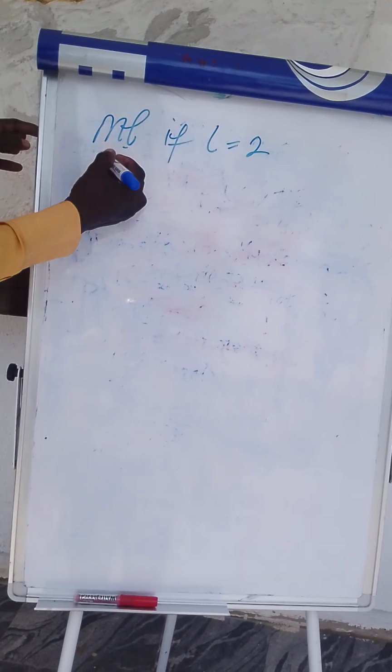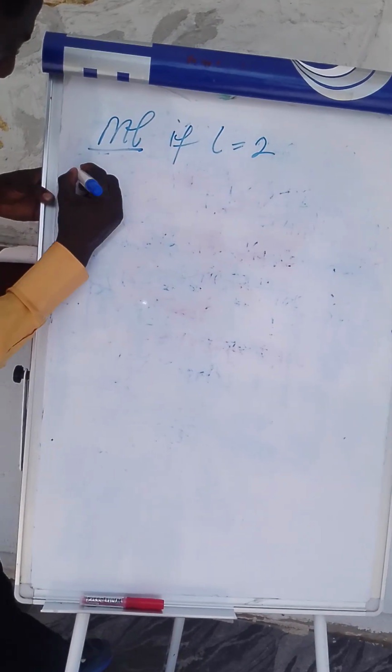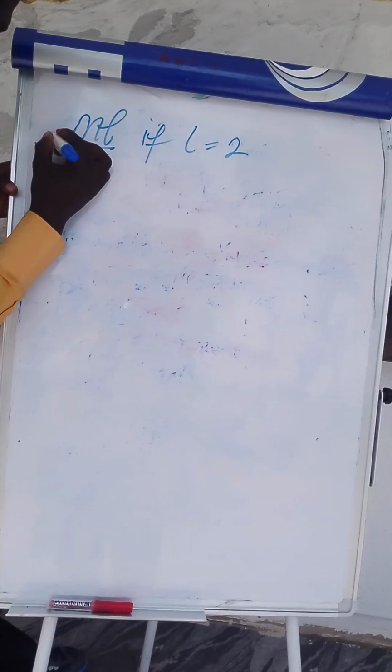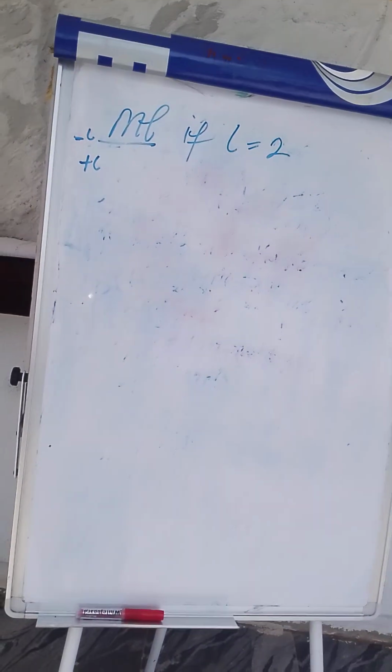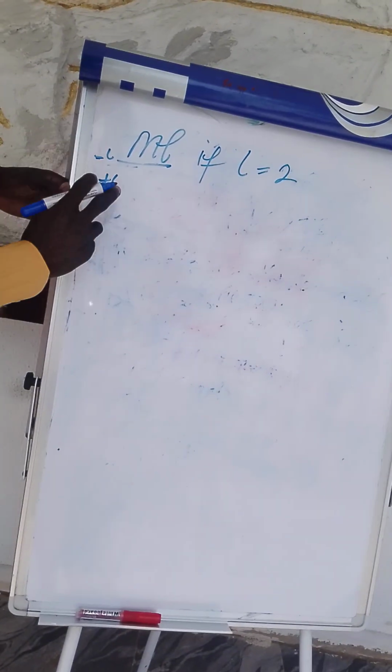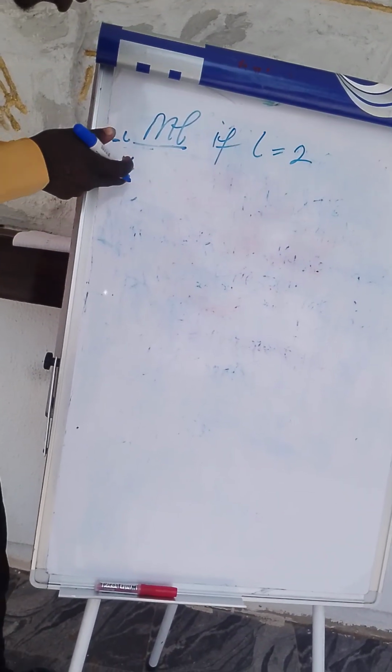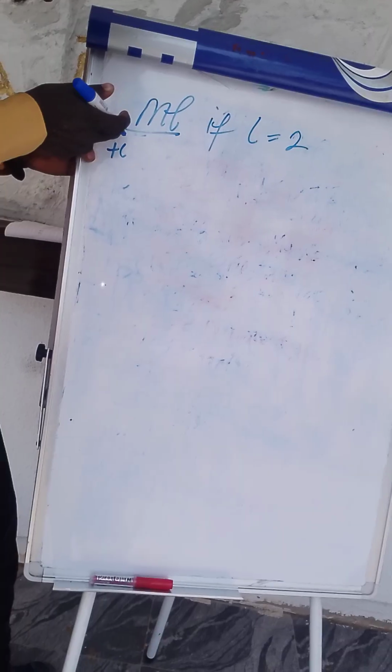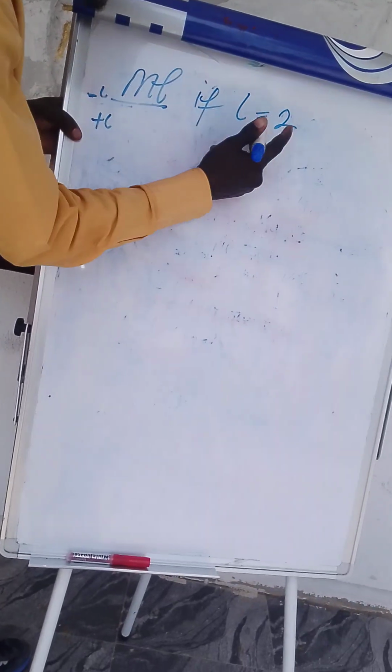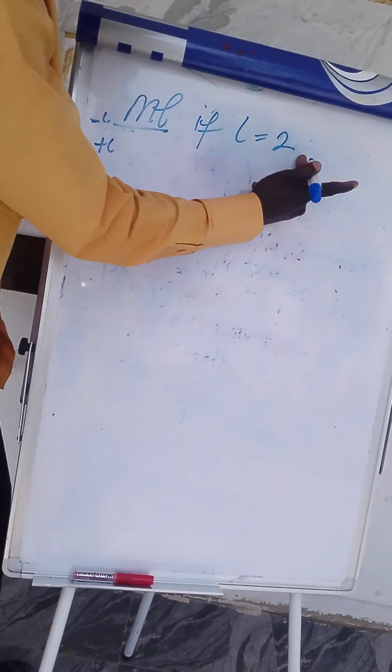You know that your magnetic quantum number ranges from minus azimuthal to plus azimuthal. Since you know that, what azimuthal did they give? They gave you 2 as the value of the azimuthal.